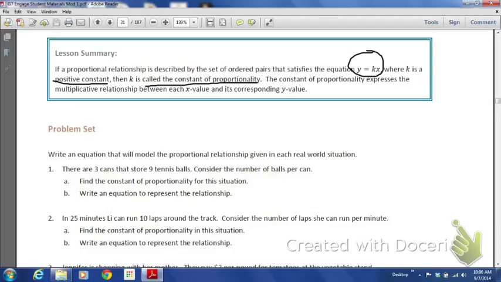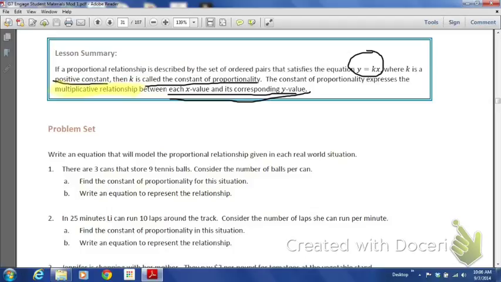They become second nature. So the constant of proportionality expresses the multiplicative relationship between each x value and its corresponding y value. Okay? That multiplicative relationship.